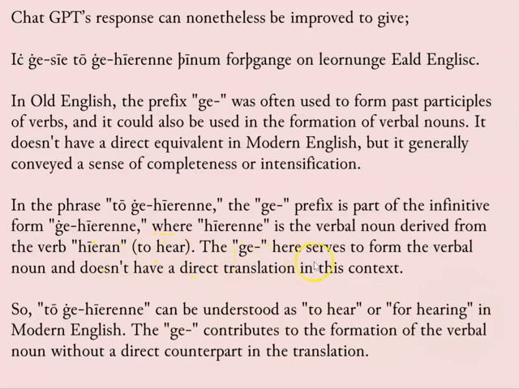The ġe here serves to form the verbal noun and doesn't have a direct translation in this context. So tō ġehīrene can be understood as to hear or for hearing in modern English. So you translate those as to hear or for hearing.